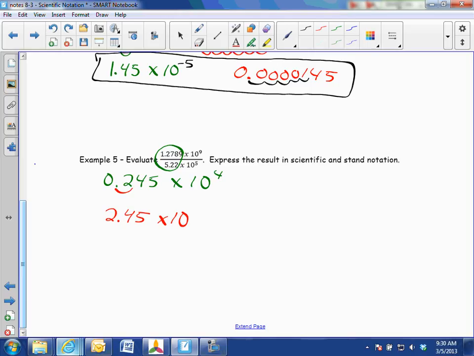I honestly always think really hard about it. I think it's just easier to take this guy and say, okay, this means move it 4 times. 1, 2, 3, 4. Add that 0. So should it be to the 3rd?